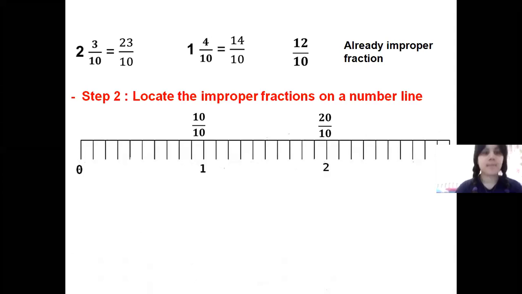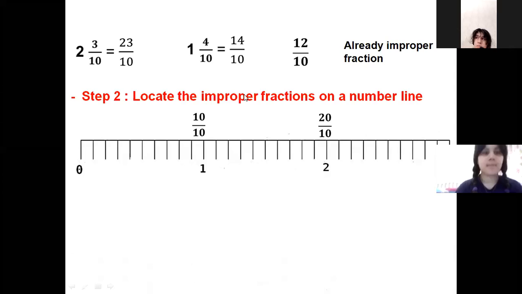Okay? To plot the fractions, how do you plot them? Those fractions, 23 over 10, 14 over 10, and 12 over 10, we just need to put them on the number line. 14 out of 10, we will put it.